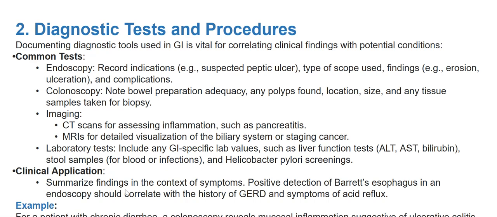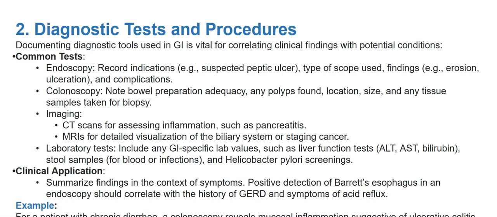Clinical applications: summarize findings in the context of symptoms. Positive detection of Barrett's esophagus in an endoscopy should correlate with the history of GERD, gastroesophageal reflux disease, and symptoms of acid reflux. Example: for a patient with chronic diarrhea, a colonoscopy reveals mucosal inflammation suggestive of UC, which is short for ulcerative colitis.